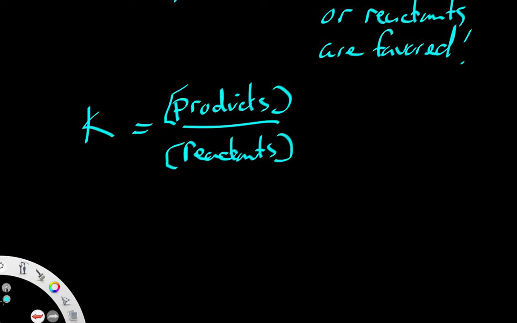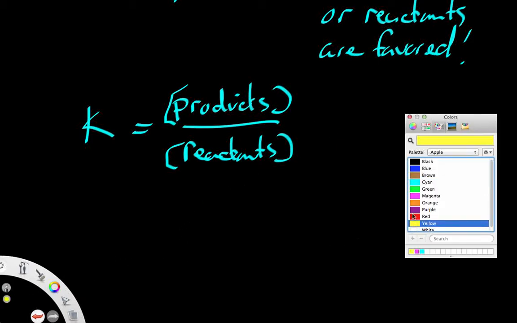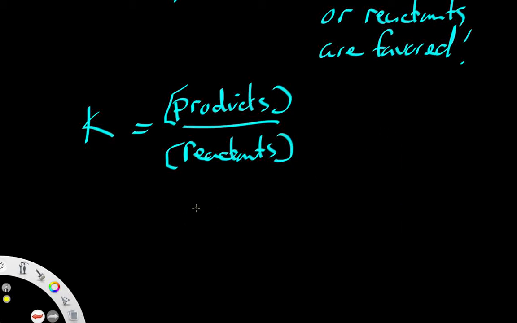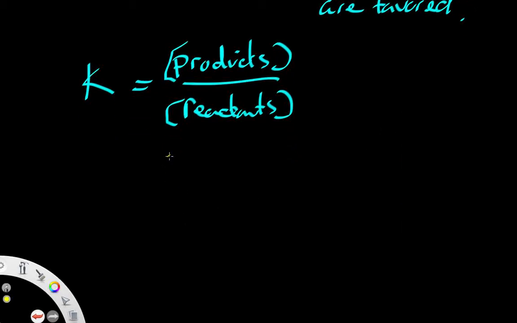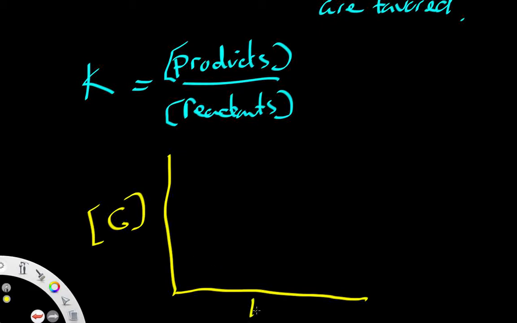Now, if we were to demonstrate this graphically, once again, we can show that by doing the exact same thing. This is concentration on my y-axis, time on the x-axis.